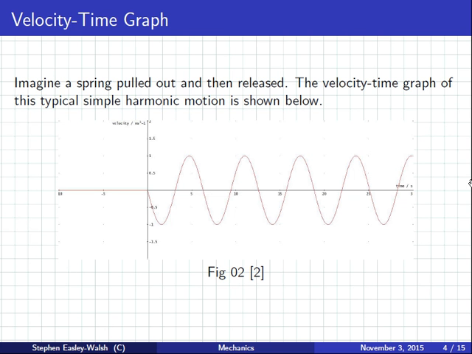So you can see its velocity is negative at the beginning. And then it moves down and then it slows down and then it stops and then it goes up and then it goes back down and it keeps going up and down. So you can see that it keeps going positive and negative, positive and negative.